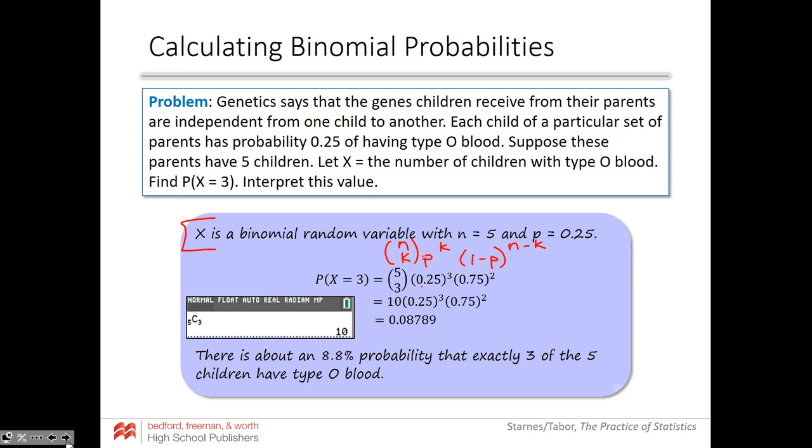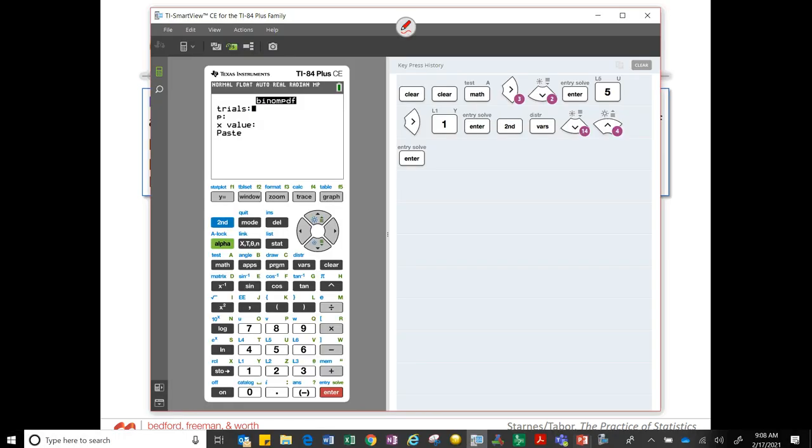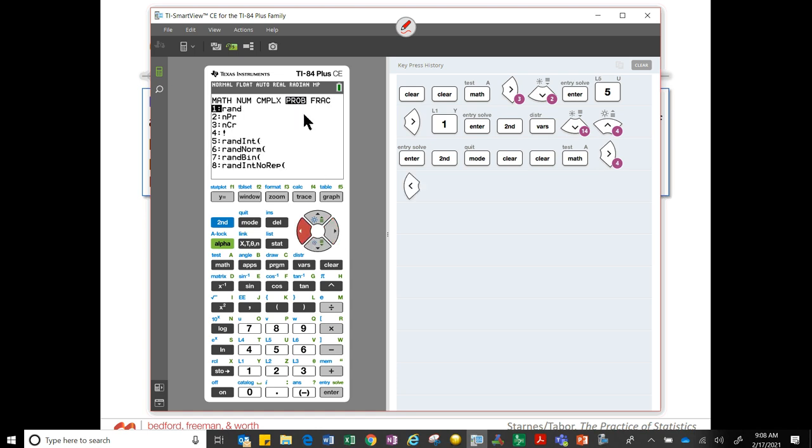Now, how can we do this on the calculator? You can use your calculator to come up with combinations. It's under the math PRB, or PROB, probability menu. You can see I have this nCr, my third option there.